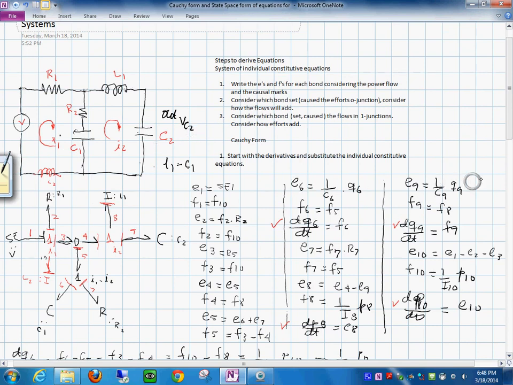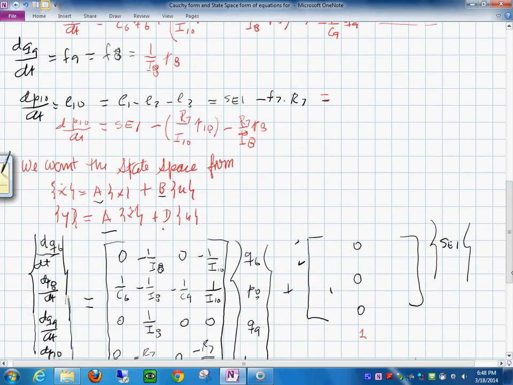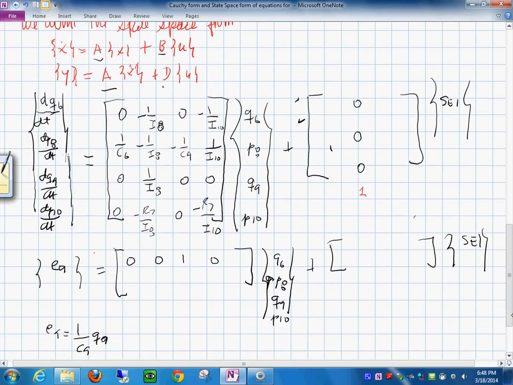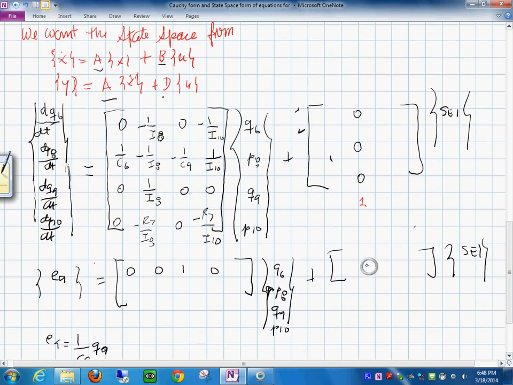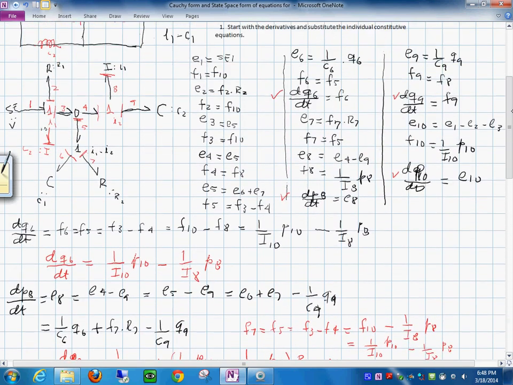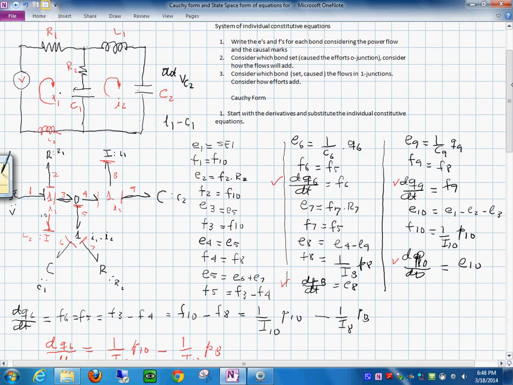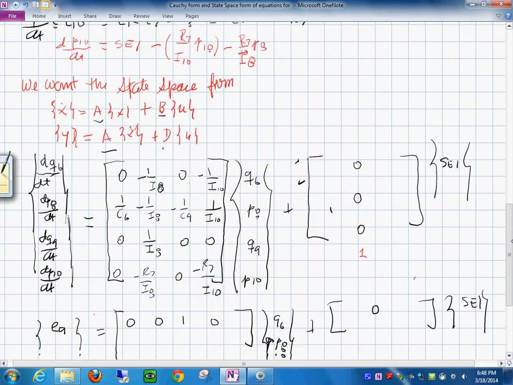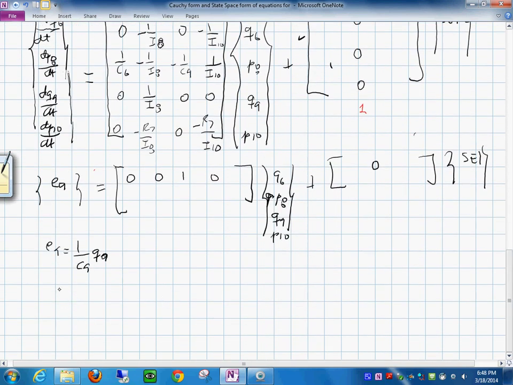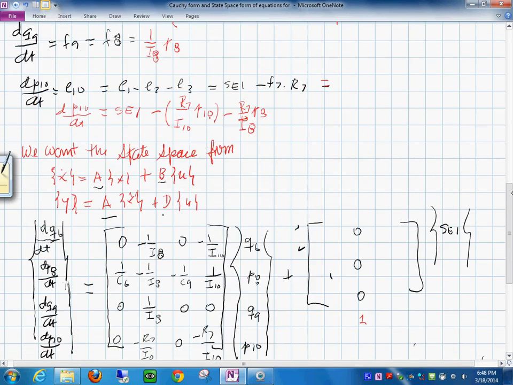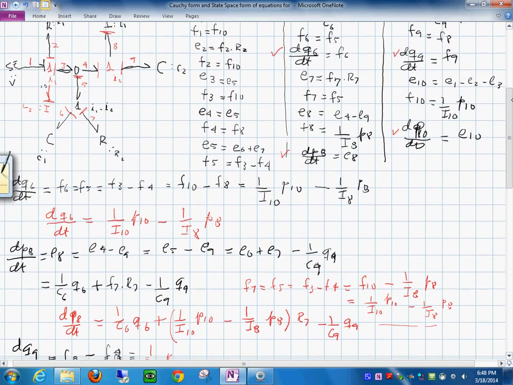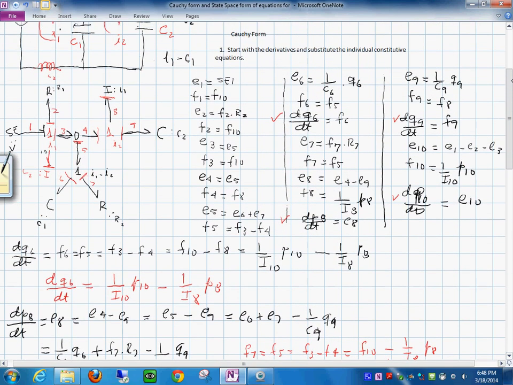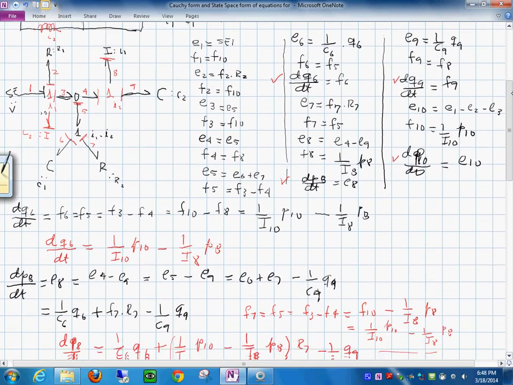Okay, so we have done the C matrix and there was no connection to this, so this is 0. If you want F, like in this case F5, let's see what happens, because that's an interesting one. F sub 5 in this diagram is F3 minus F sub 4.